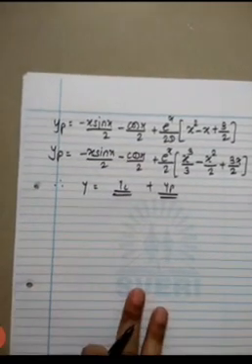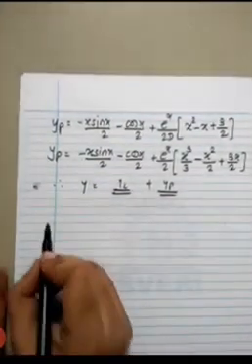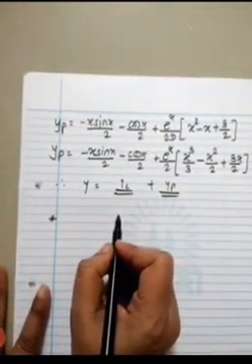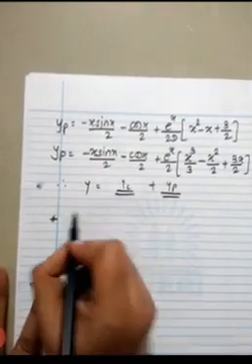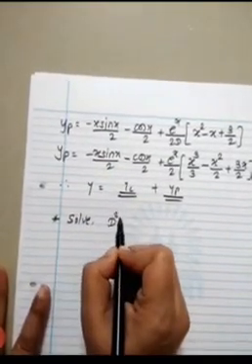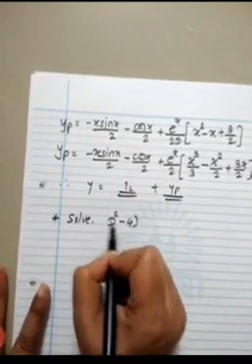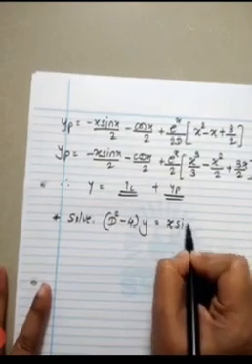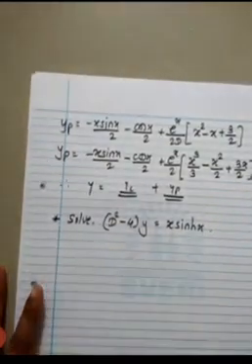Any doubt? Write down the next one then. Solve d square minus 4 y is equal to x sinh x.